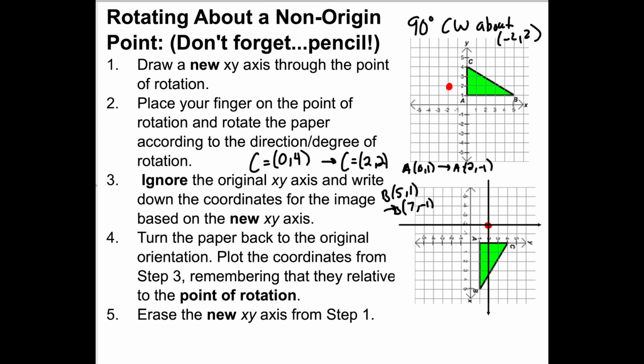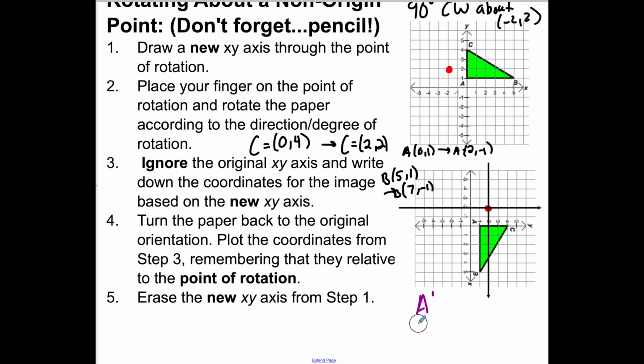And what we're going to do down here is write A prime, B prime, and C prime. But we're going to do it, again, pretending that this red point is the origin. So if this were the origin, A prime is 1 to the left and 2 down, right?